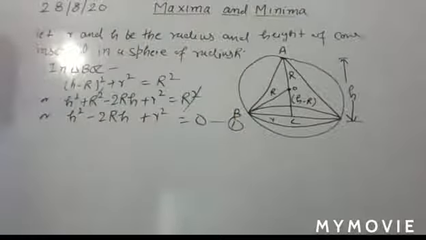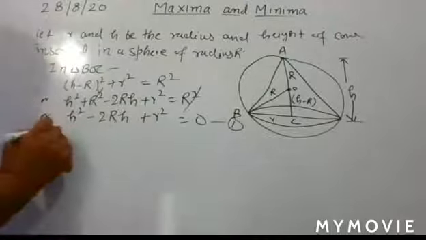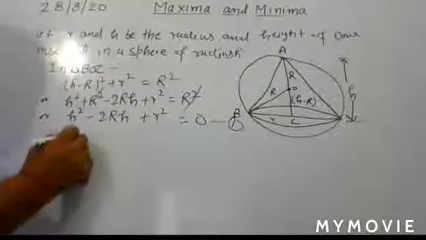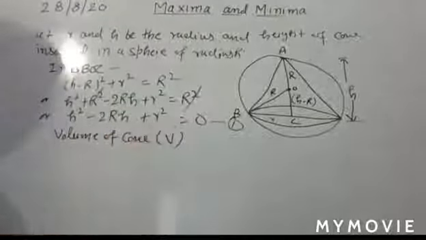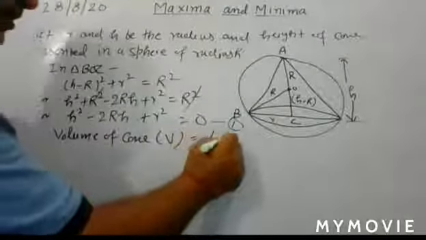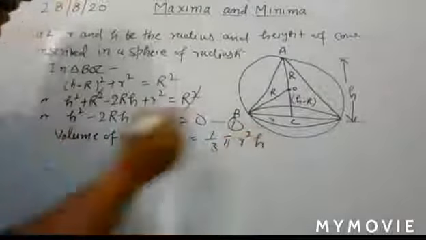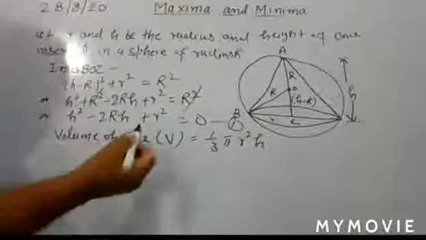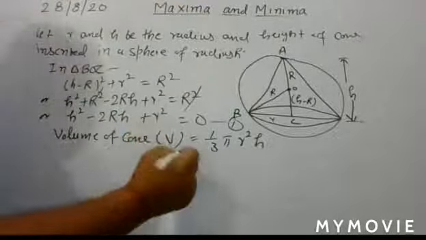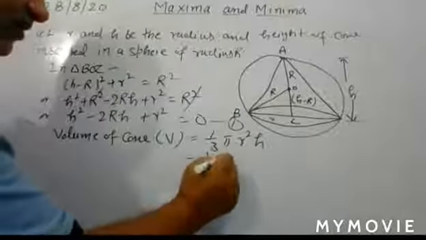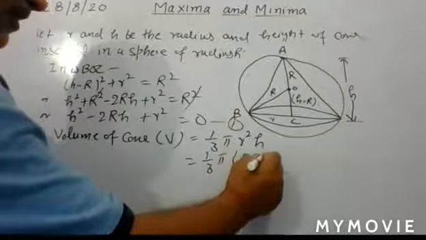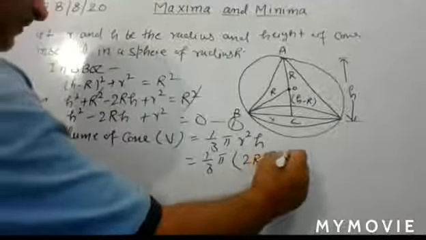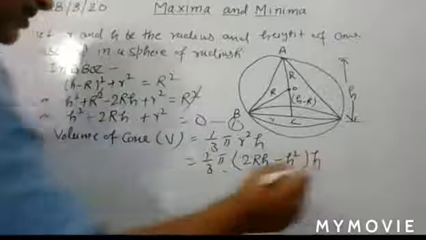Now here you have to maximize the volume of the cone. So volume of cone V is equal to 1 upon 3 pi r square h. Now putting the value of r square from the first equation, you have 1 upon 3 pi, and r square can be written as 2 capital R h minus h square, into h.